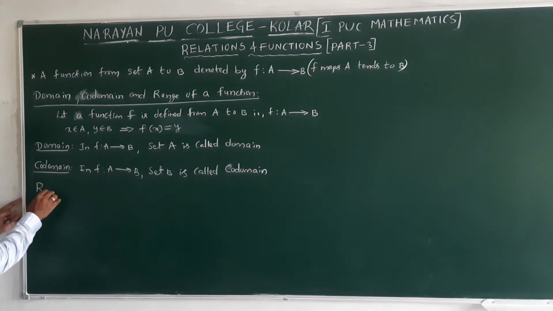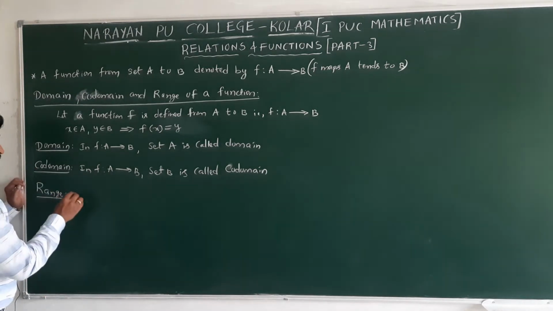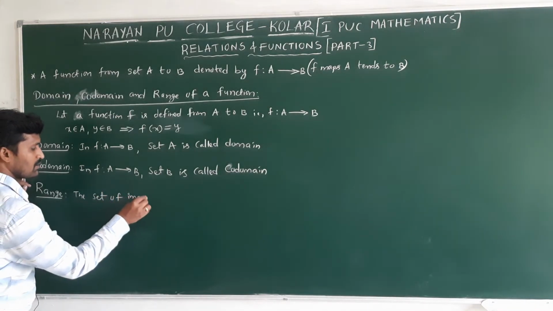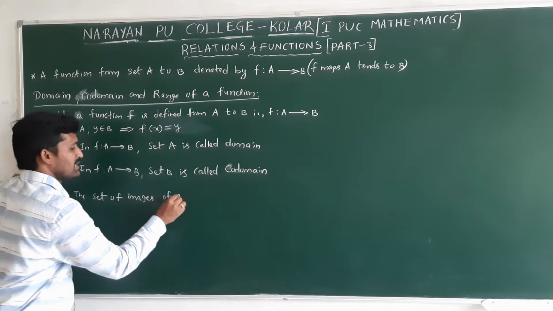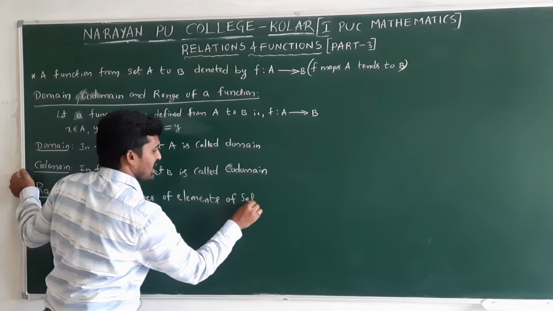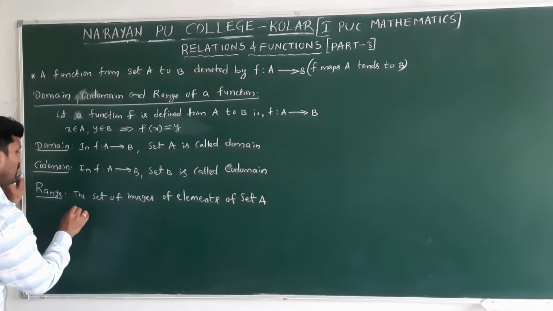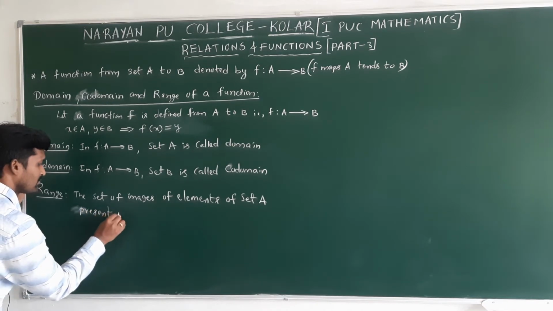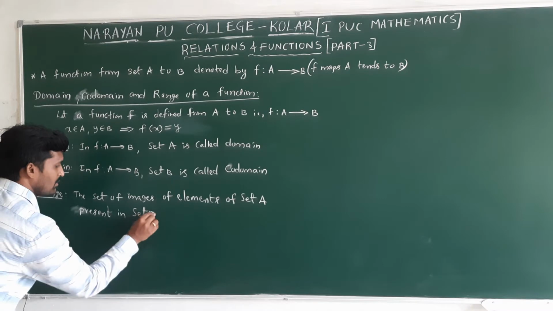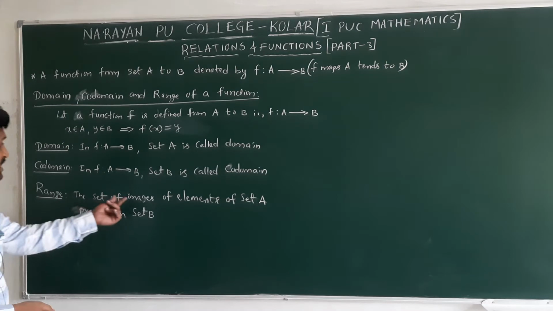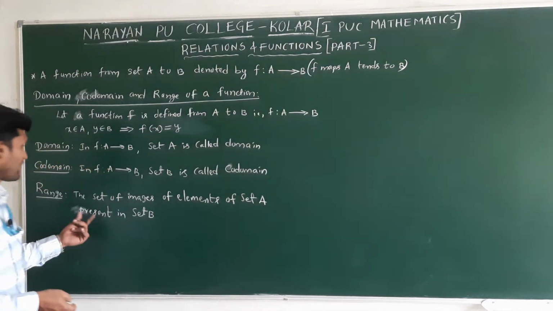Then what is a range? Range means the set of images of elements of set A present in set B. Set B has several types of elements, and in that, the set of images of elements of set A present in set B is the range.